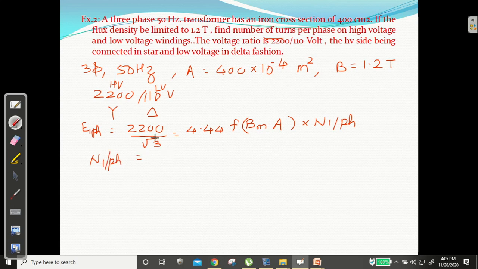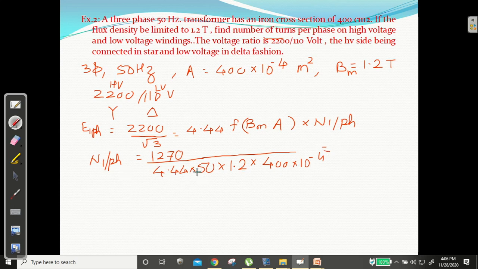It is 2200 upon root 3, which is 1270, upon 4.44, frequency 50, Bm 1.2 Tesla, area 400 into 10 raised to power minus 4. N1 per phase we have to find.